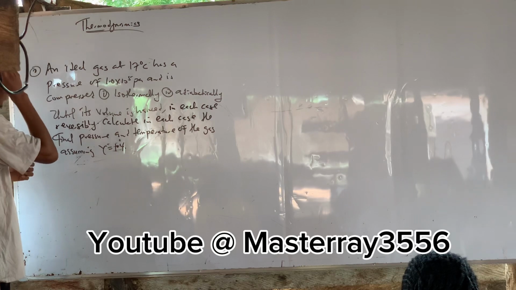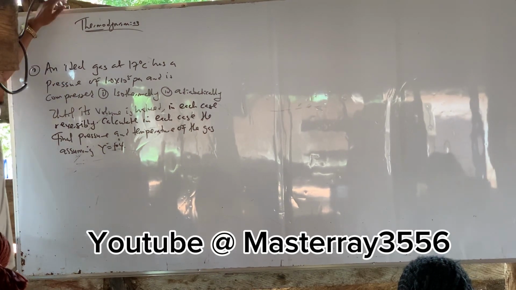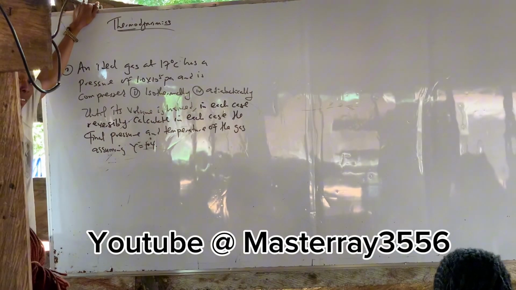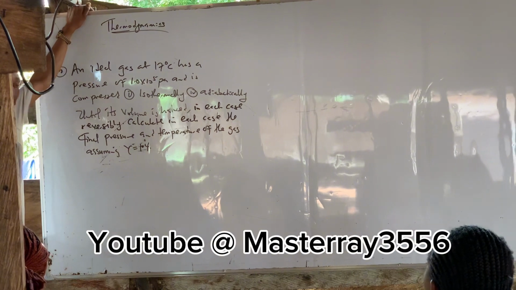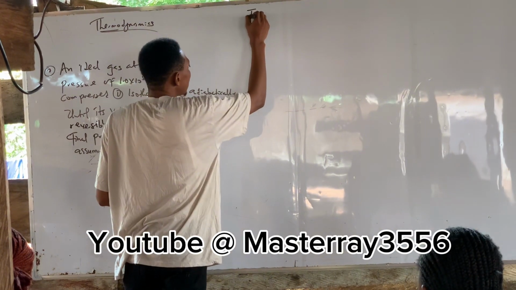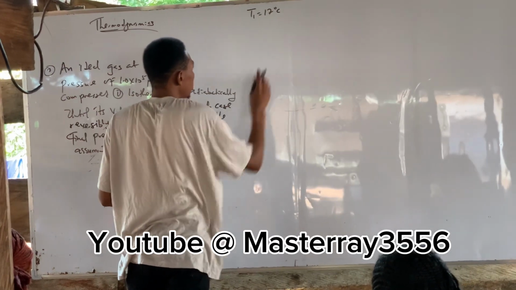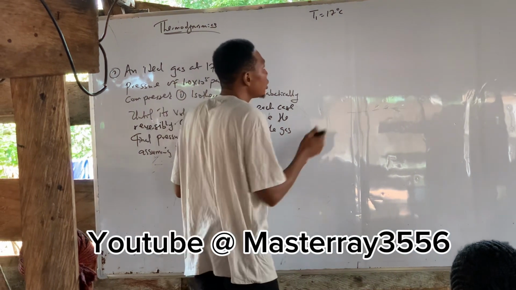Number 3. We are told that an ideal gas at 17 degrees Celsius. So that's our T1, right? What do you do? You convert to Kelvin. How do you convert?